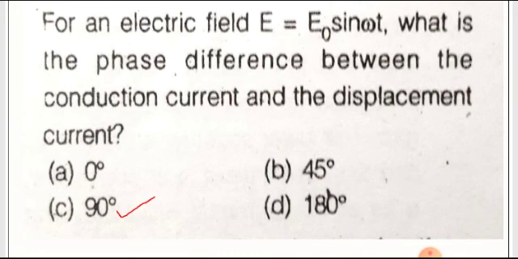You know that the current in the capacitor will be leading by 90 degrees and the current in the resistor will be in phase with the voltage. So, the displacement is 90 degrees.